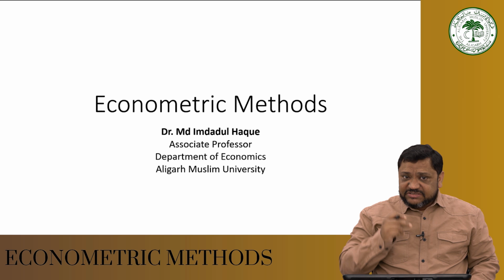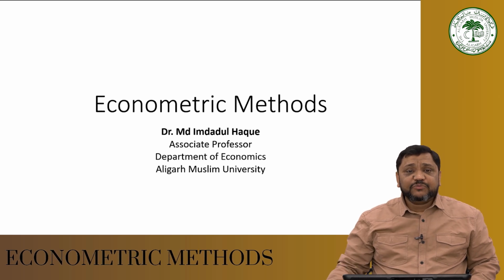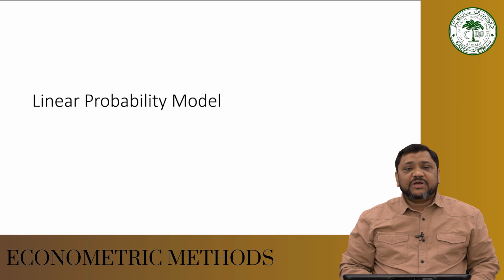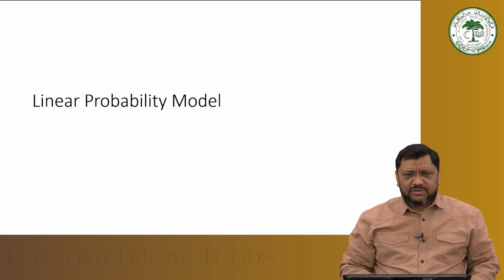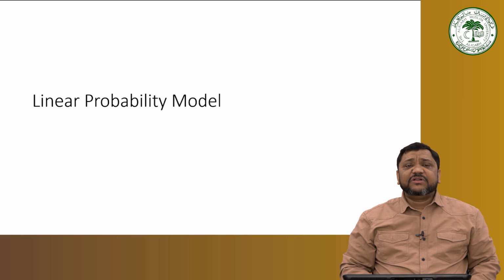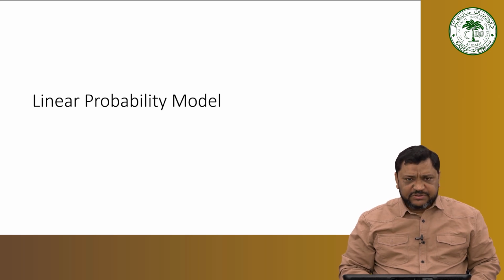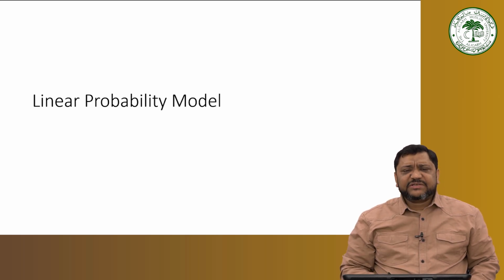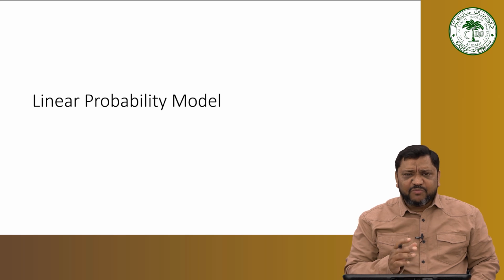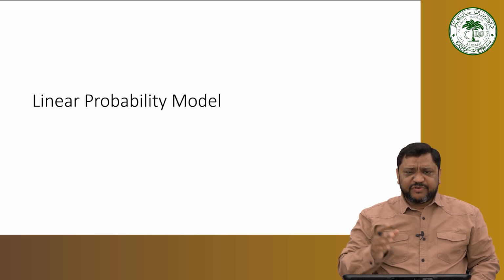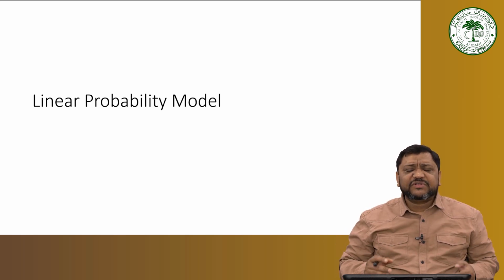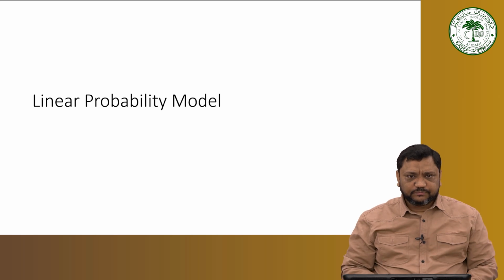If that is the case, then we come to the discussion on how to estimate these models, and the basic theory of it will be covered under linear probability models. Now again, understand this linear probability model. As we proceed further, we will see that they are not used.